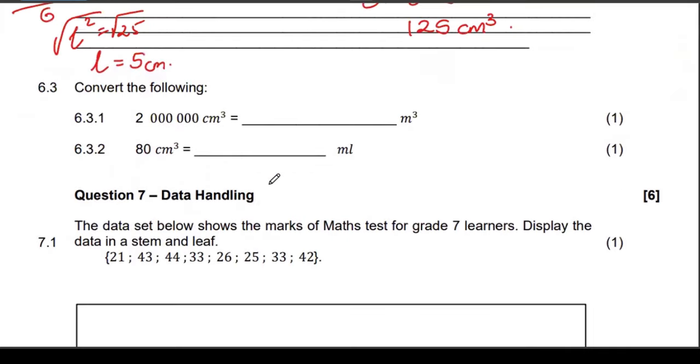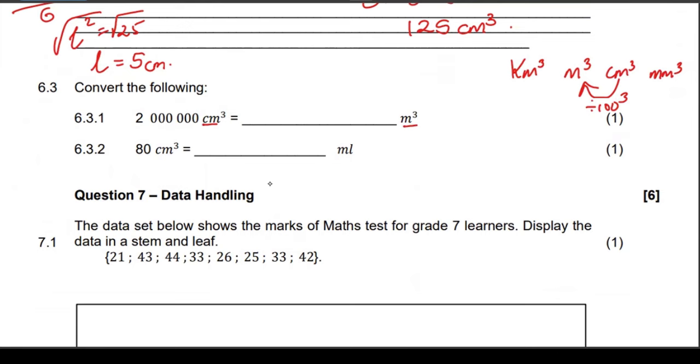Okay, then 6.3, convert the following. Now we're dealing with cubed: meters cubed, centimeters cubed, millimeters cubed. We're moving from centimeters to meters, which means we're going to divide by 100 cubed.